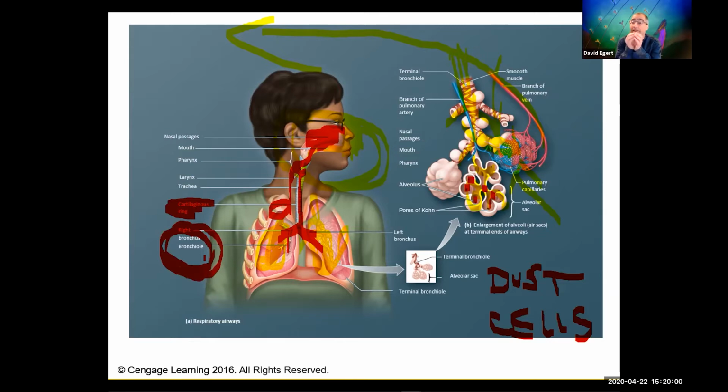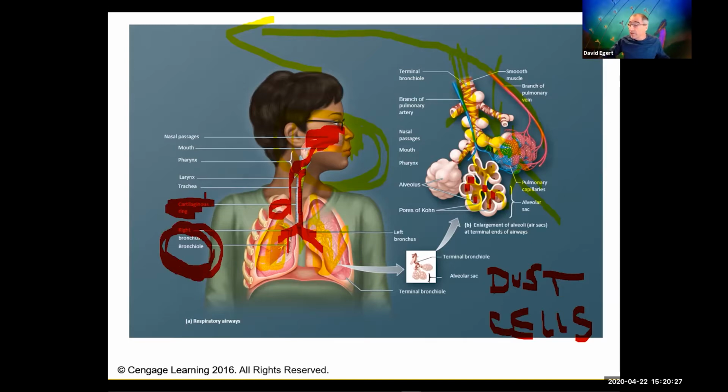And we talked about that is under control of the sympathetic nervous system. You know, if you're breathing in something really noxious, your parasympathetic can actually contract those so you don't actually suck it all the way down into your delicate lung tissue. When you want to dilate them, because you're breathing like part of your sympathetic fight or flight, you dilate those so you get less resistance to flow.